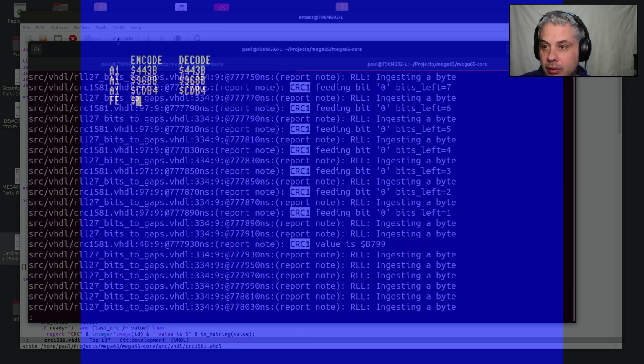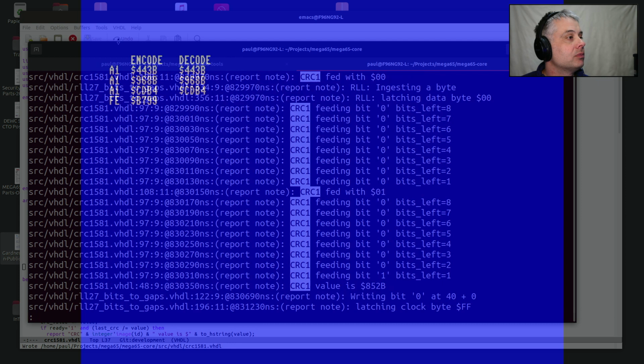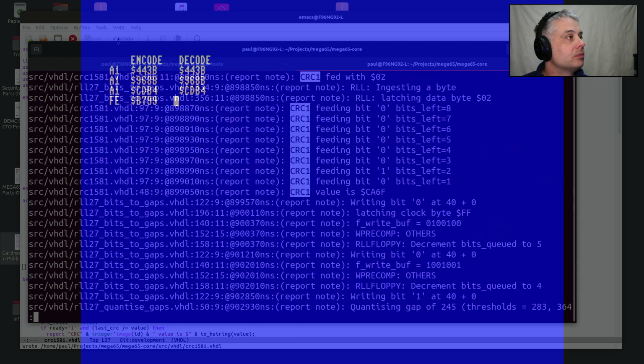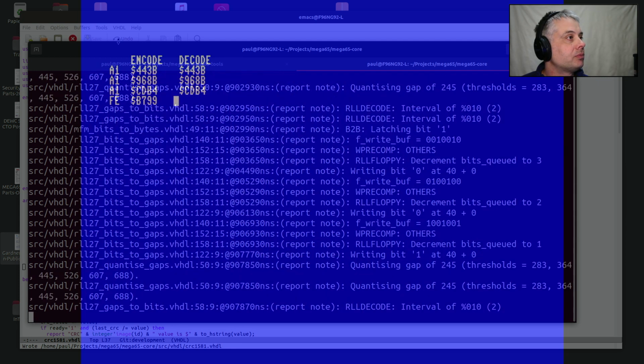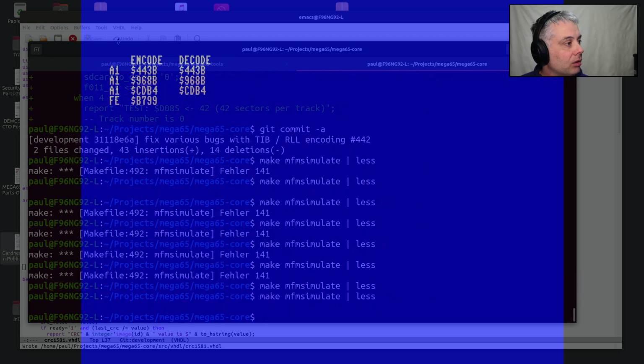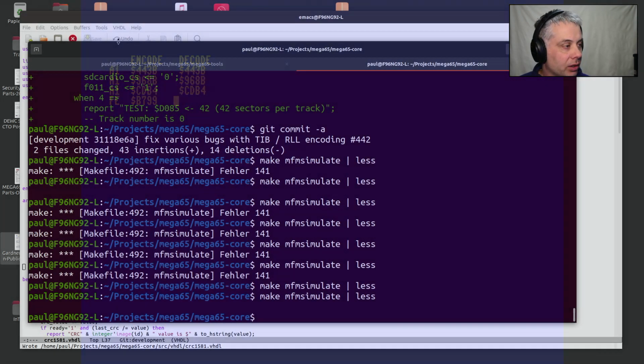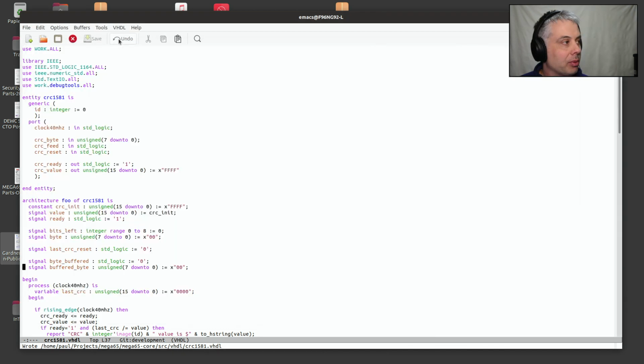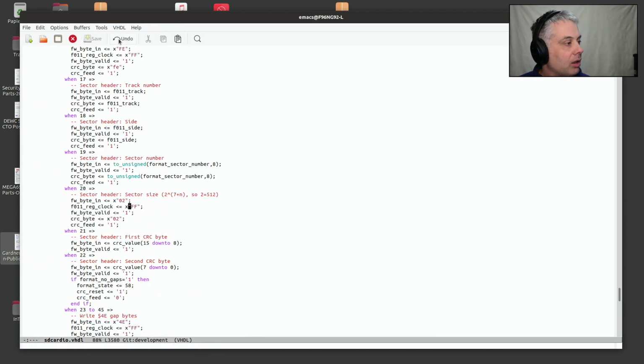So now we're getting B799. Okay, so that's looking good now. I can't remember where the SD card IO is, right? So we want to, where's our MFM decoder?